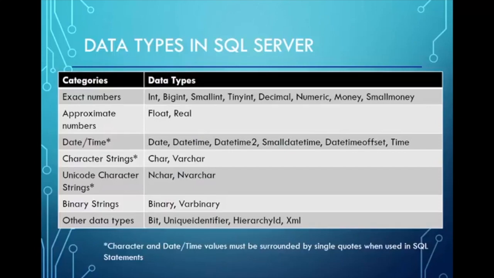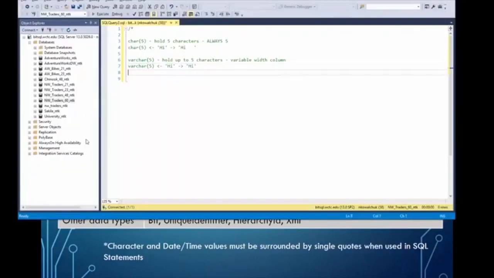There is the bit data type. That is SQL Server's answer to the Boolean. It is either a true or false, except in SQL Server it's truly a bit, which is on or off, 1 or 0. So a bit holds either a 1 or a 0.